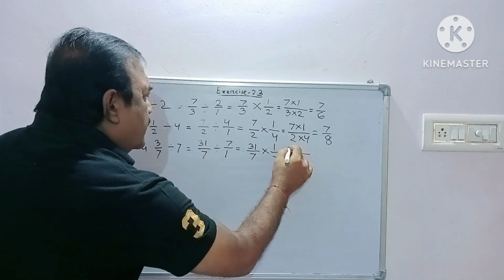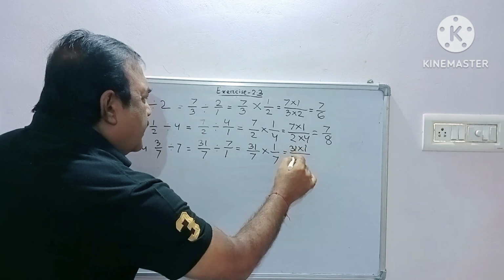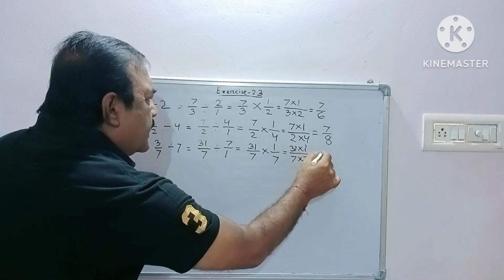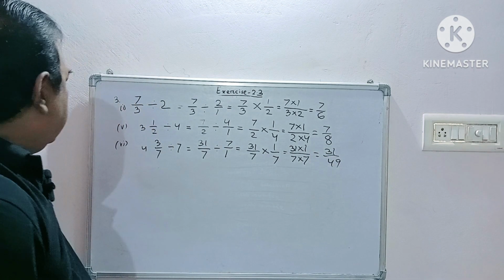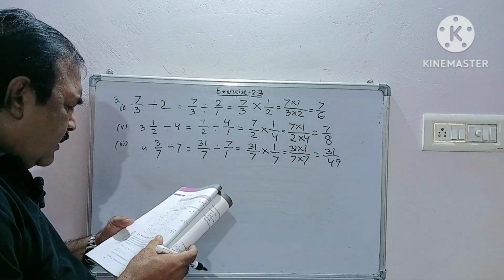That is equal to numerator into numerator divided by denominator into denominator, that is 31 upon 49. So like this you will proceed.